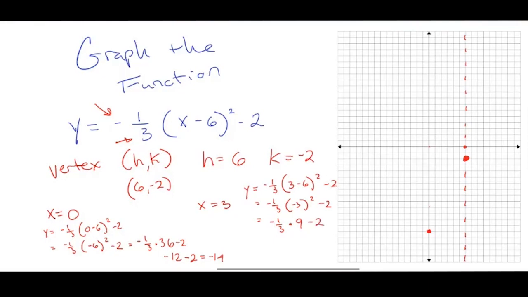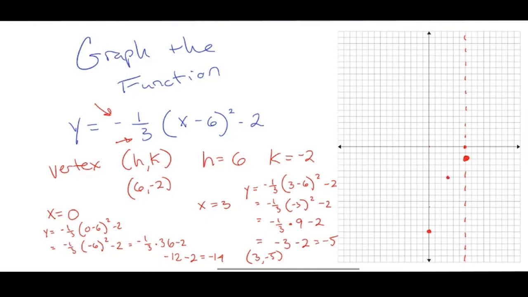All right, so -1/3 times 9 is just like dividing 9 by -3. So that's going to be -3 minus 2, which is -5. So my next point is going to be (3, -5). So I will go from the origin, I will go +3 and then down 5.